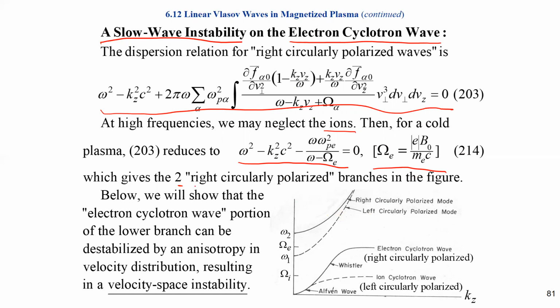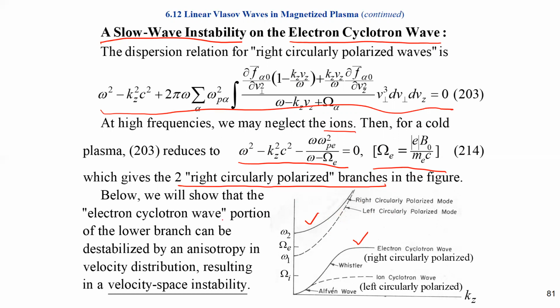This gives the two circularly polarized branches in the figure, this one and this one. Two right circularly polarized branches.